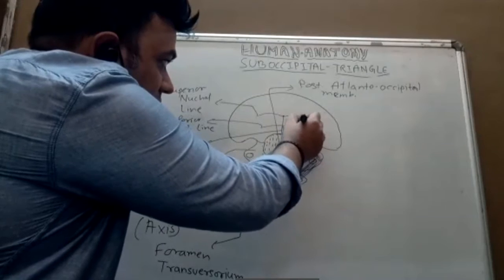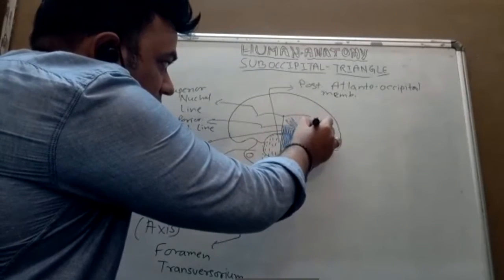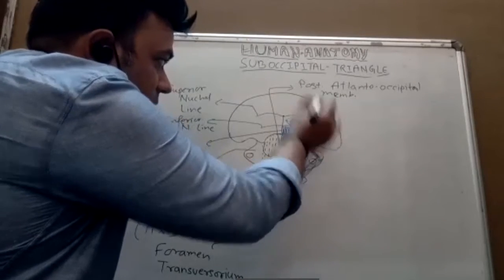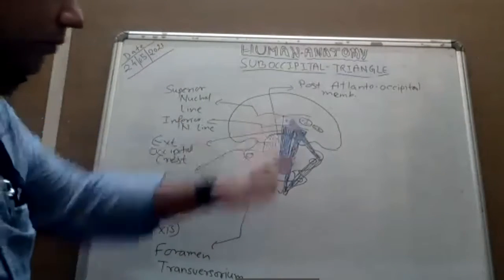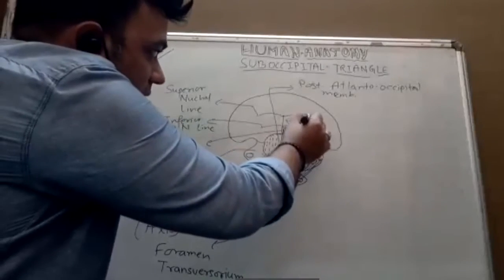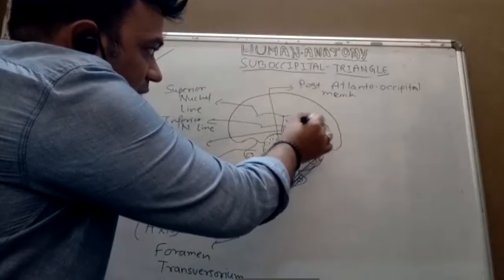semi-spinalis muscle, and lateral to that, toward the mastoid process, is the longissimus capitis. Okay, and all these structures are covered by another muscle known as the splenius capitis.